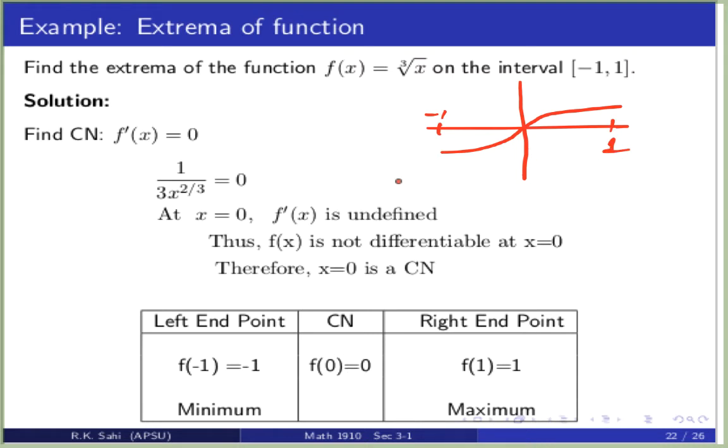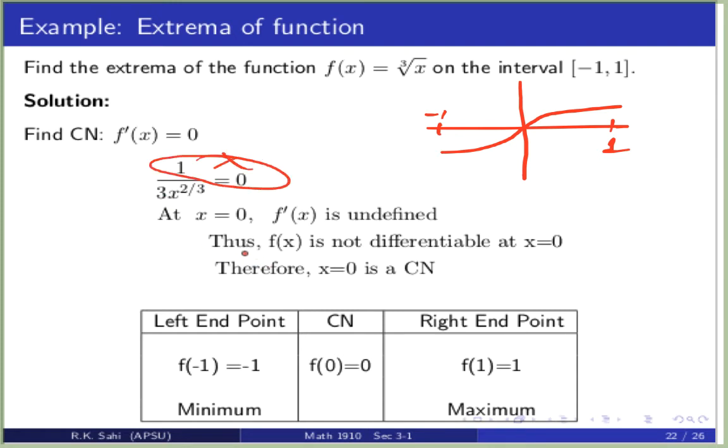Okay. Now, to find the differential. If we find the differential of this function, what we get is 1 over 3x to the two-thirds. Okay. Now, definitely it is not equal to 0. Do you see that here? This is not possible.